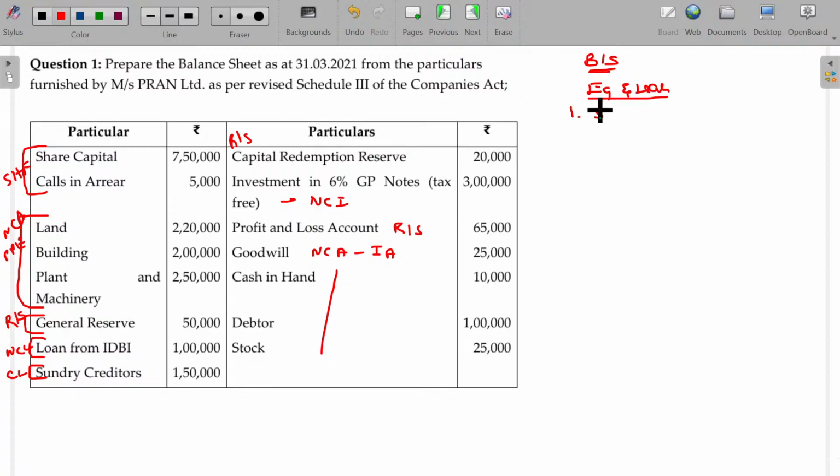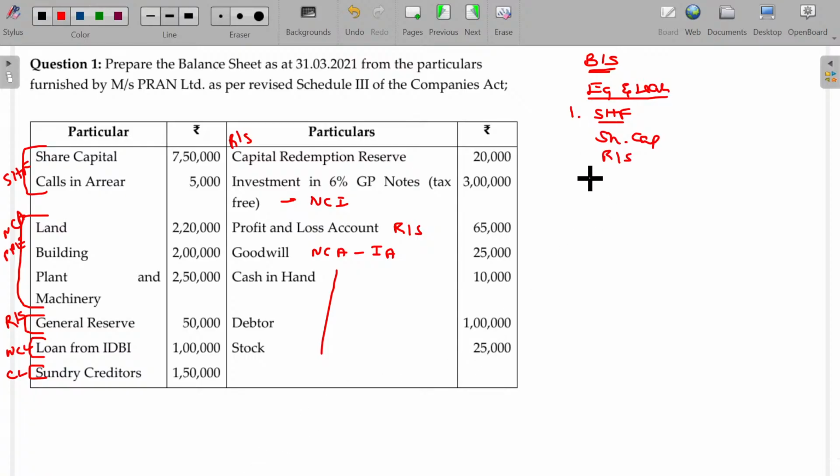Under that, shareholders' funds. Under shareholders' funds, we have three items. Anyhow, we have share capital, reserves and surplus only. Money received against share warrants, not required. Share application money received pending allotment, also not required. If it is not required, you just skip that.